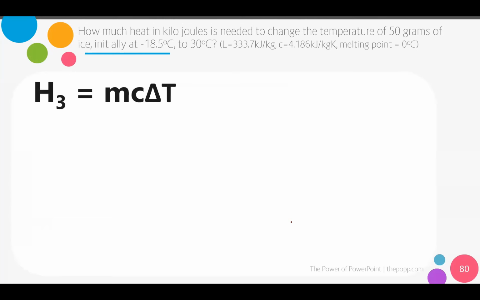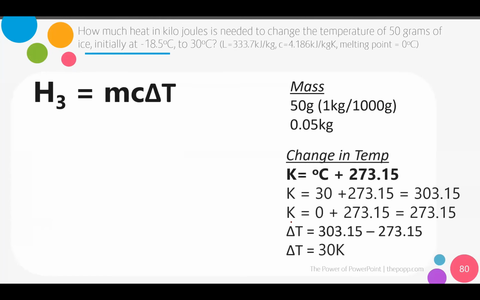So using M times C times delta T, so same kanina, convert natin si grams into kilogram and Celsius into Kelvin. So 30 degrees Celsius converted to Kelvin is 303.15 Kelvin, and 0 converted to Kelvin is 273.15 Kelvin, and then subtract 303 minus 273, that is 30 Kelvin, and that is our change in temperature.